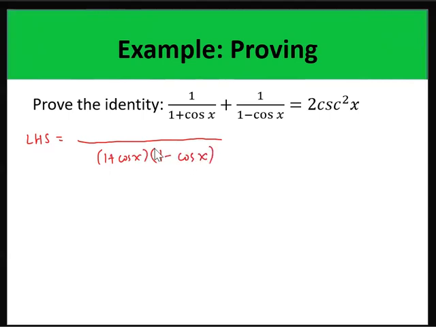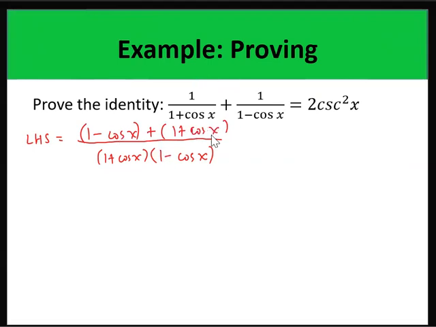This LCD multiplied to the first fraction gives us 1 minus cosine x times 1, which is 1 minus cosine x. And this LCD multiplied by the second fraction gives us 1 plus cosine x times 1, so we have plus the quantity 1 plus cosine of x.